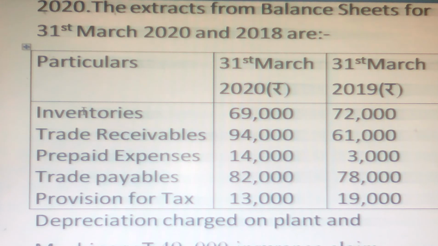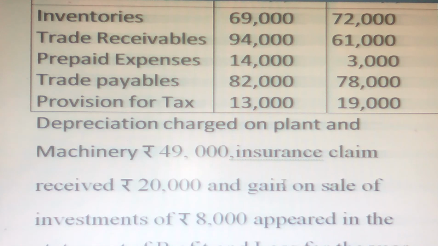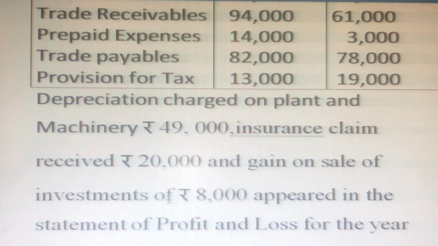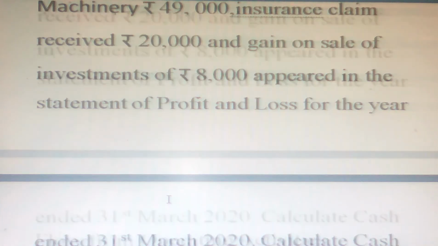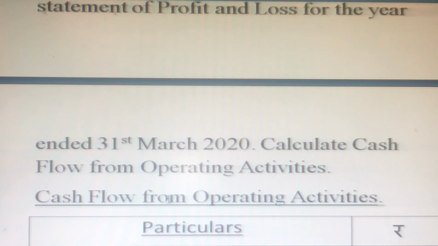Inventories 69,000 and 72,000, trade receivables 94,000, 61,000, prepaid expenses 14,000, 3,000, trade payables 82,000, 78,000, provision for tax 13,000, 19,000. Depreciation charged on plant and machinery 49,000, insurance claim received 20,000, and gain on sale of investment of 8,000 appeared in the statement of profit and loss for the year ended 31st March 2020. Calculate cash flow from operating activities.